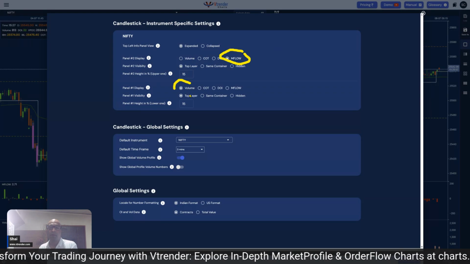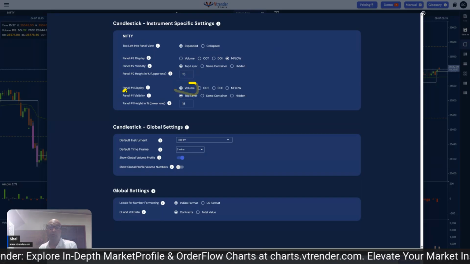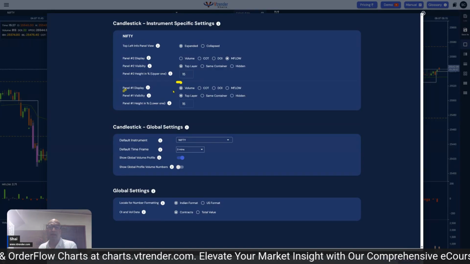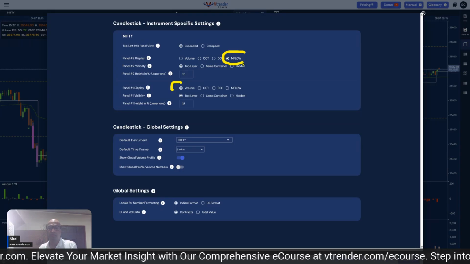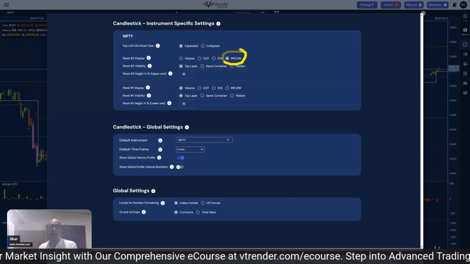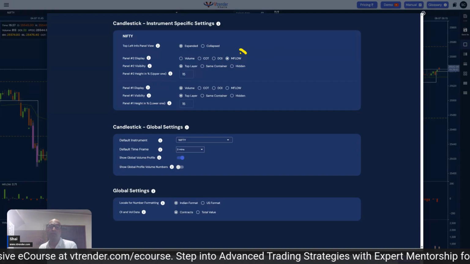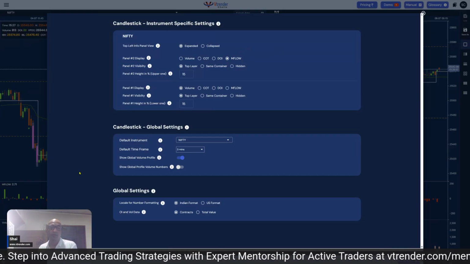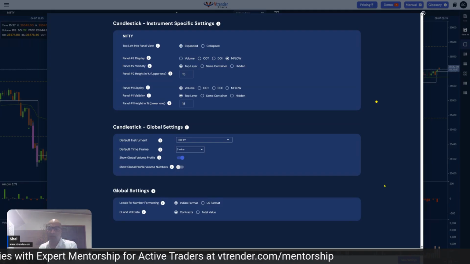What I'm doing over here is plotting the volume of the bar, and volume is sacrosanct to the work we do at WeTrender. In that volume, I'm trying to find out which of the volume is new business, new money coming into the instrument, and which of the volume is old business, or existing positions leaving the market. That's what these two panels are all about. I've already done this, so you save your settings.